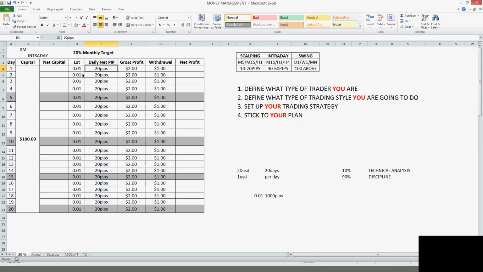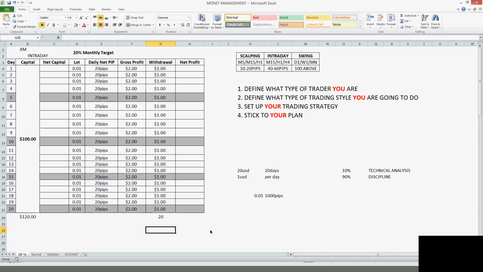So if I manage to earn $2 a day, and the minimum is $1 per day, I'm going to make about $40 in a month. So I will be able to grow my account to about $120, and I will also have $20 worth at the end of the month for me to withdraw.